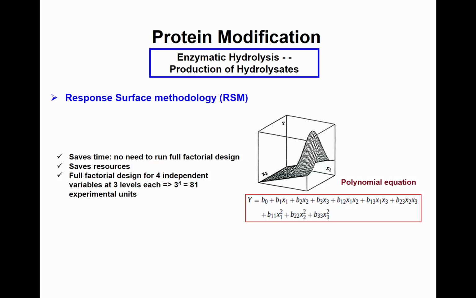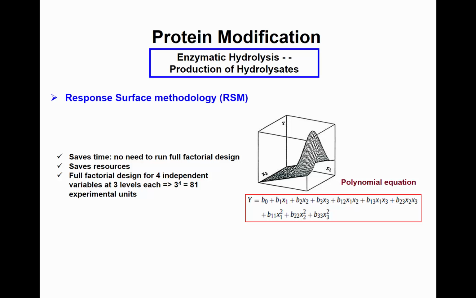I'm not going to go into statistics, but in any case, you do many fewer combinations, and then you generate polynomial equations. We call them prediction equations. So based on the data that you collect, you generate equations, you plot it, and then you get the maxima of a plot.